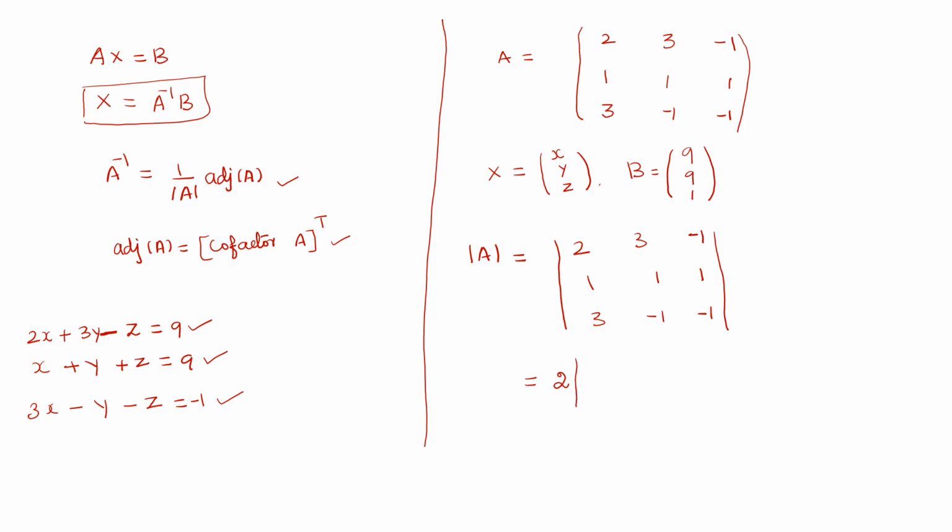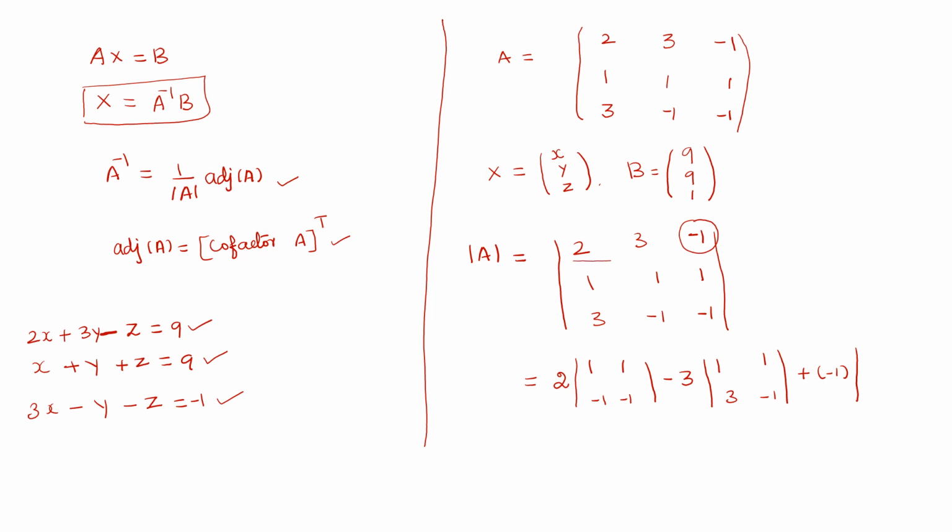So we can easily write the minor matrix of 2 as 1, 1, -1, -1. Then negative of 3, you take the minor matrix of A12. You remove the first row and second column, and you get 1, 1, 3, -1. And positive of -1, we find the minor matrix of A13.